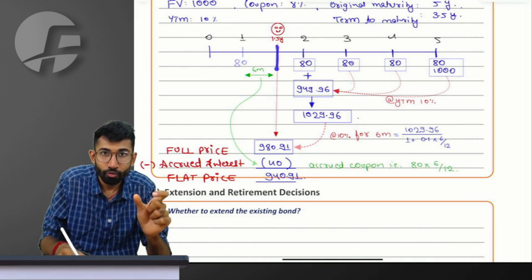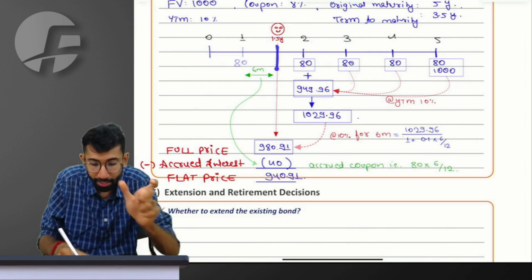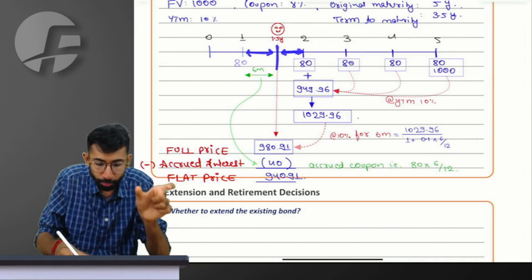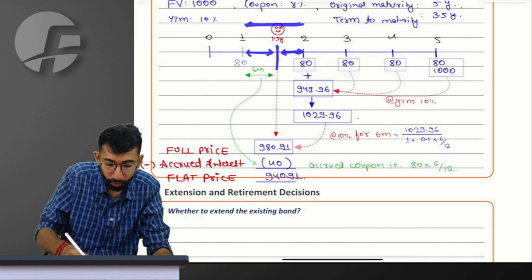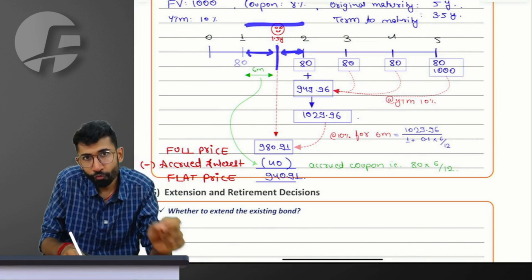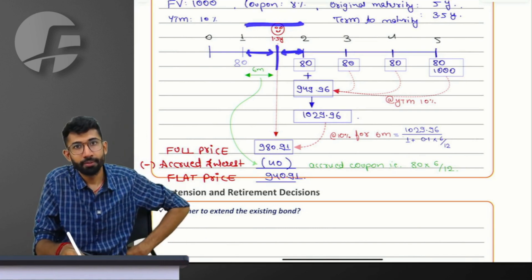Let me try to break down the period into two parts. If you look at the total coupon amount for second year, whom will the company pay the coupon?